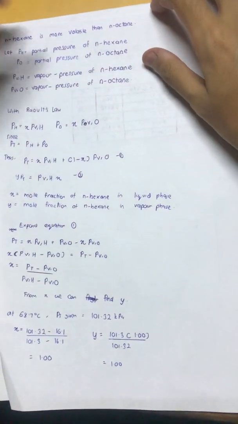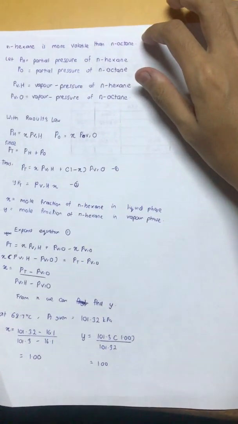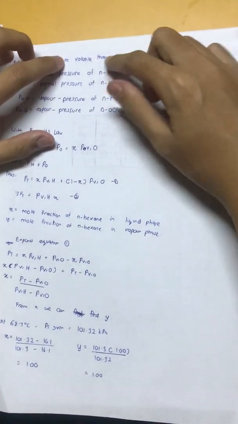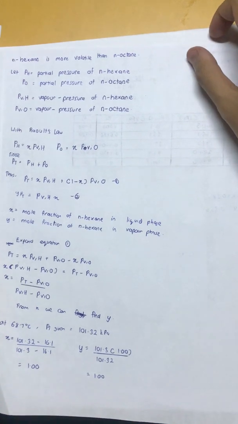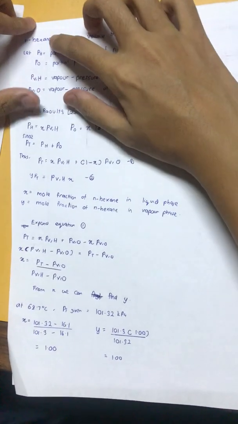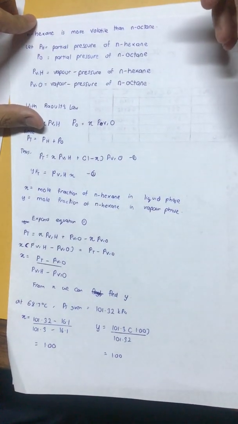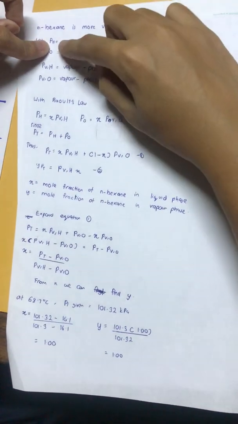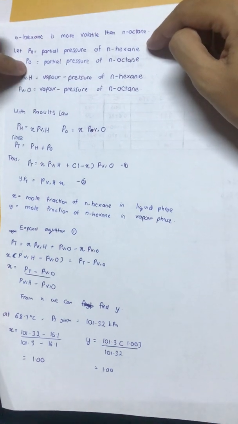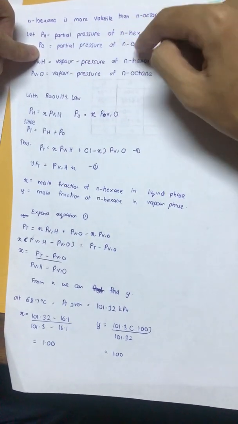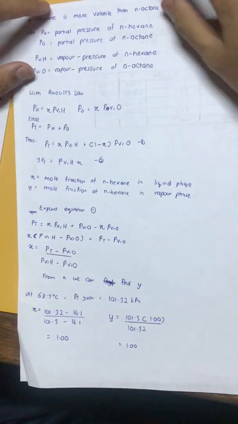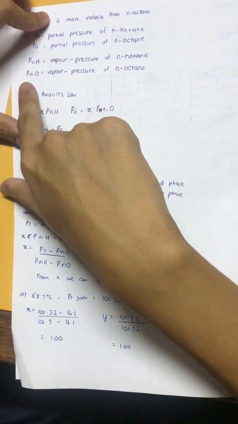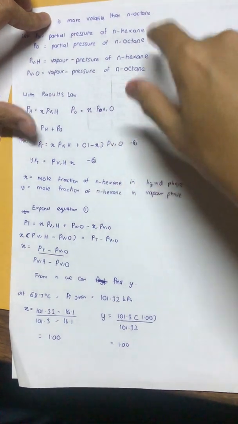I've done it beforehand, so I'll be explaining what I've done. We know N-hexane is more volatile than N-octane. To make things easier, I've defined PH as the partial pressure of N-hexane and PO as the partial pressure of N-octane. PVH is the vapor pressure of N-hexane, PVO is the vapor pressure of N-octane.